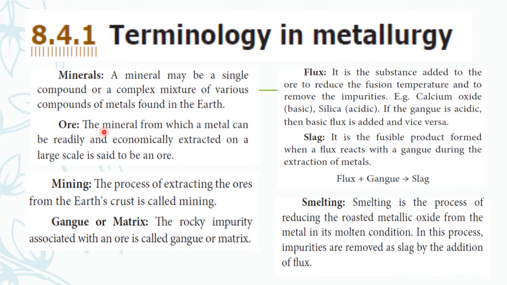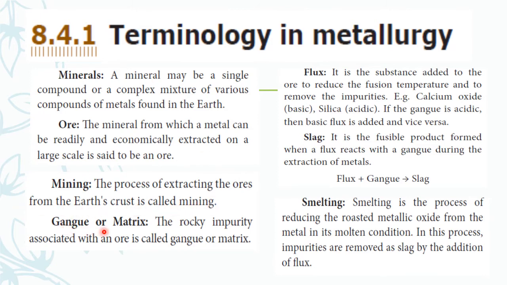The mineral from which a metal can be readily and economically extracted on a large scale is said to be an ore. Next one is mining. The process of extracting the ores from the earth's crust is called mining.